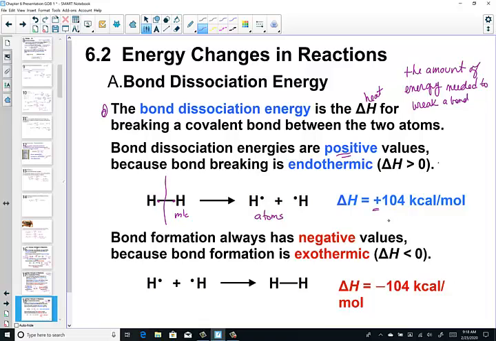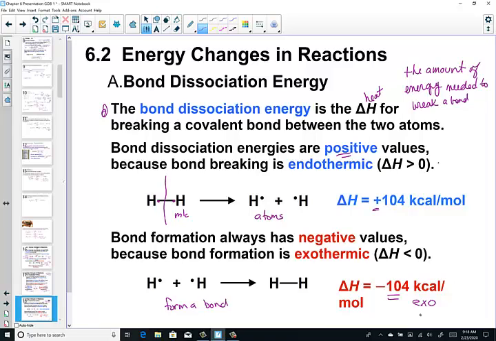Now the opposite process, to put it back together, to form a bond. Forming a bond releases energy. It's an exothermic value, so it's always a negative number. They're equal but opposite signs. Forming bonds releases energy. Breaking bonds requires energy.